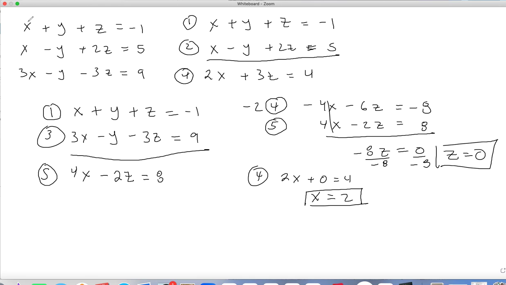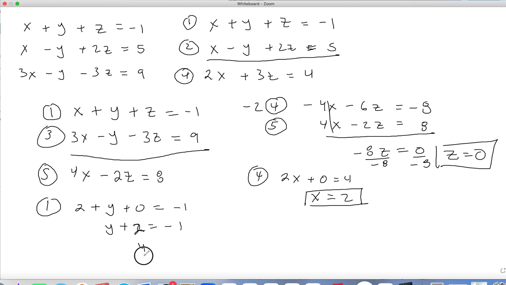And then you come back to either 1, 2, or 3, but any of the ones that have a y in it. Equation 1 looks the easiest, so I'm going there. And so we know x is 2. We're trying to work out what y is. We know z is 0, and that equals negative 1. So y plus 2 equals negative 1. y2 looks like a z, but that's a 2.